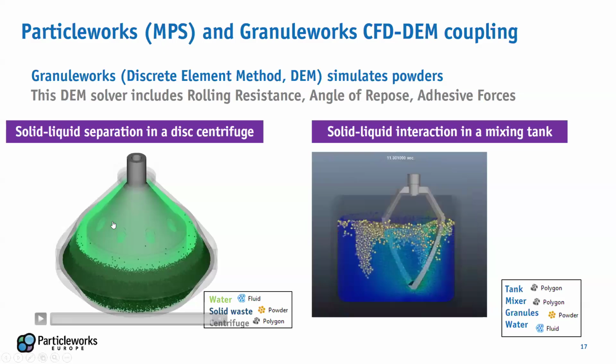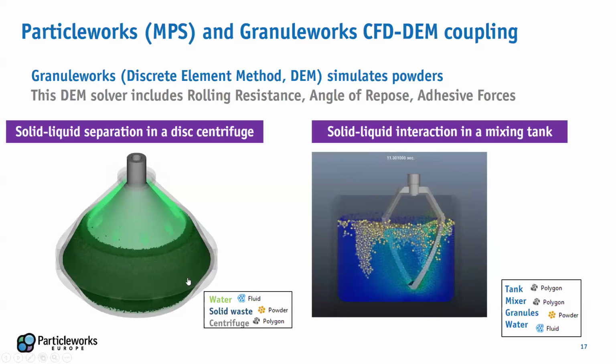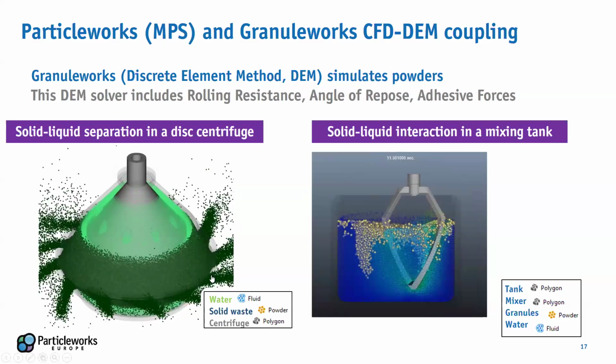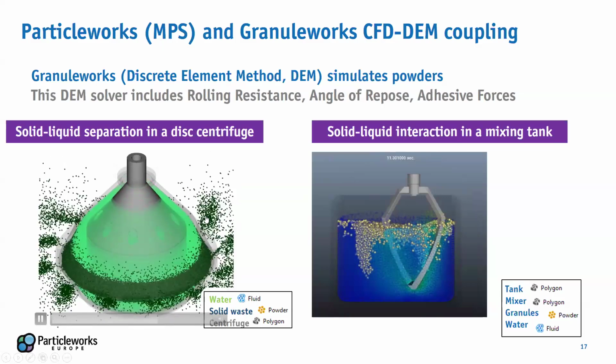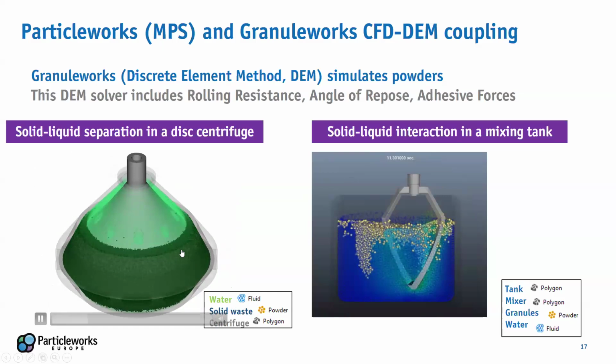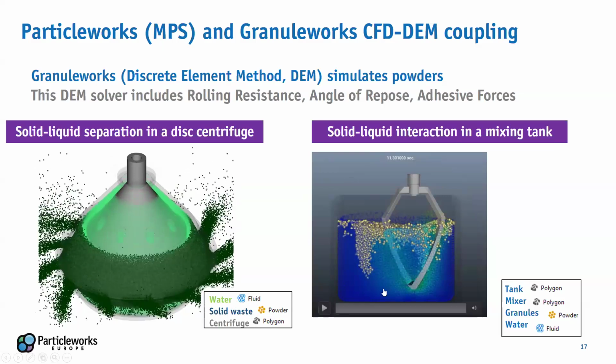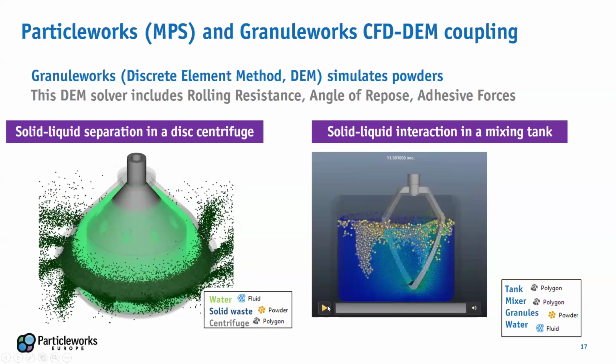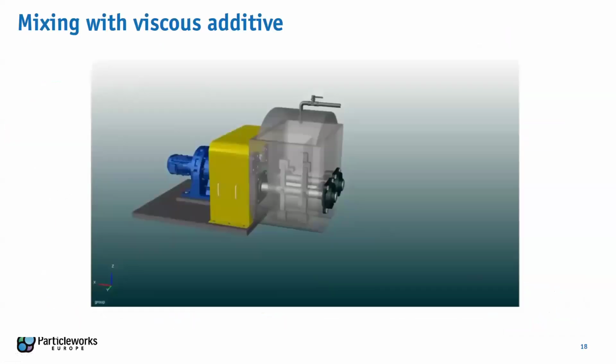You can see here an example where we have a fluid in green for a separator and solid waste in brown or dark green. So you see the effect of centrifugal forces and the influence between the two phases, and then the discharge of the solid waste.